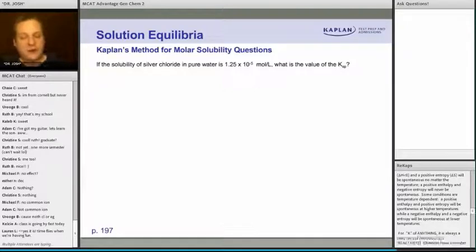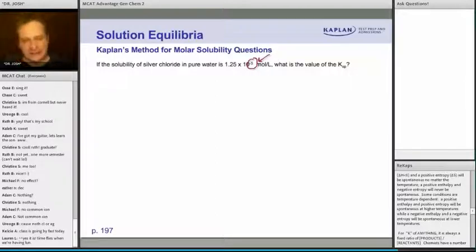If the solubility of silver chloride in pure water is 1.25 times 10 to the negative fifth moles per liter, what's the value of KSP? And this is where the book error may be. You should have 10 to the negative fifth, not 10 to the positive fifth. That was a misprint in the most recent printing of the book. So if you see this question and there's no negative, make sure to put a negative.